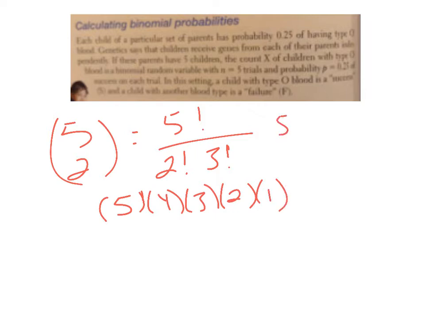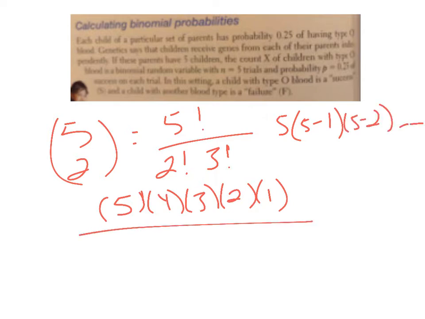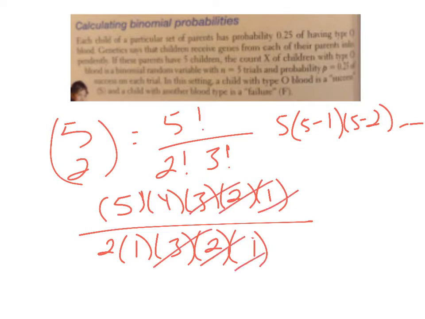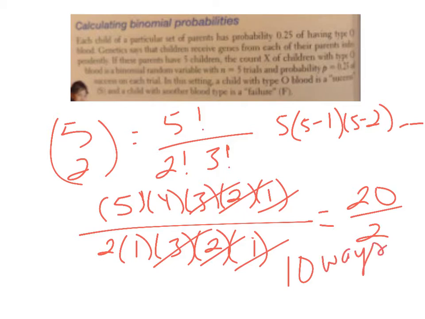That would be 5 times 5 minus 1 times 5 minus 2, etc. over 2 times 2 minus 1, which is just 1, times 3 times 3 minus 1, which is 2, times 3 minus 2, which is 1. And so I get a lot of stuff that cancels out, which is great, and I end up with 20 over 2, or 10. What that tells me is that there are 10 ways to get 2 successes.